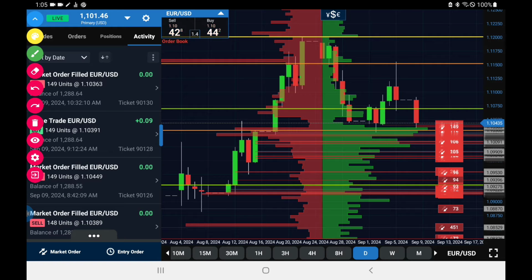I've just added the order book overlay to this account so you can see the interplay going on between buys and sells. As we look at the order book with the red and green backgrounds, this helps us make more decisions. But again, it's not a prediction of the future.